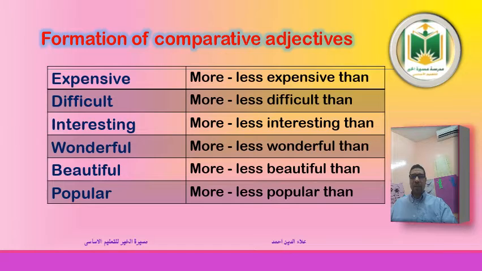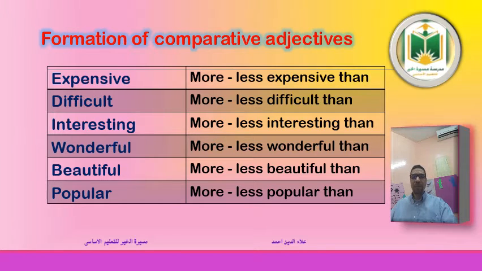Now, students, look at these adjectives, which we call long adjectives or adjectives which have more than one syllable. To make a comparative degree from this adjective, we use more or less before the adjective and than after the adjective.